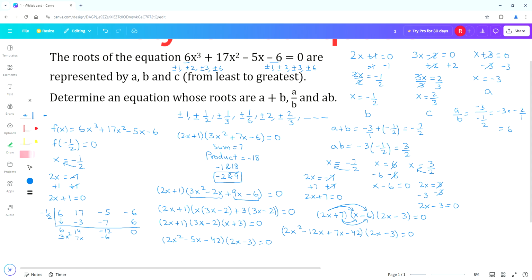Next, we can distribute the terms in these two parentheses. 2x squared times 2x is 4x cubed. 2x squared times negative 3 is negative 6x squared. Negative 5x times 2x is negative 10x squared. Negative 5x times negative 3 is 15x. Negative 42 times 2x is negative 84x.